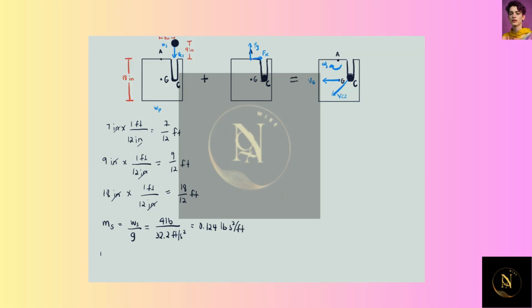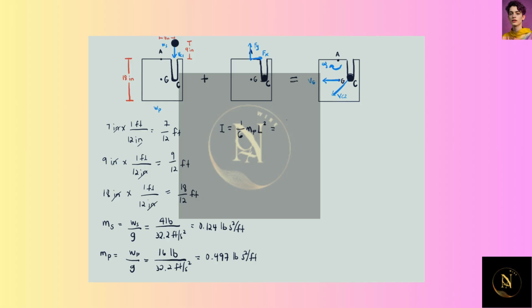And then for the mass of the square panel, the weight of the panel divided by the acceleration due to gravity is 16 pounds divided by 32.2 feet per second squared. This gives us 0.497 pound second squared per feet. Now, for the moment of inertia, based on the shape of the panel, the equation would be 1/6 times the mass of the panel times the length of the side squared.